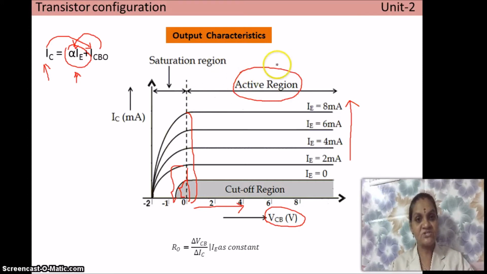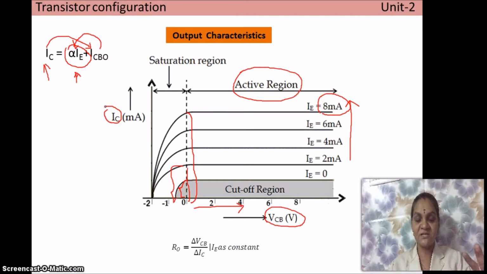In the active region only can we use the transistor as an amplifier. But when you consider here, the emitter current is equal to 8 milliamps, which is the input current. If the input current is 8 milliamps, the output current is the collector current, which is approximately equivalent to 8 milliamps. So input current is 8 milliamps, output current is also approximately 8 milliamps.